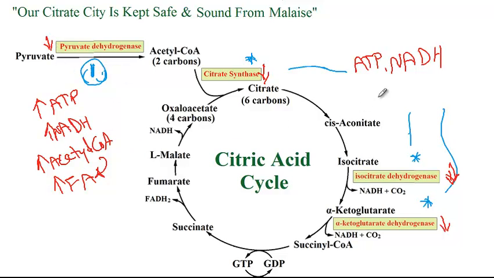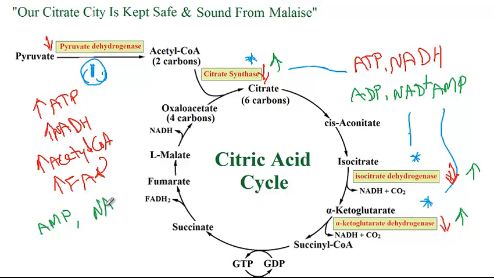On the other hand, if we have a high concentration of ADP, NAD+, or AMP, then it means that we don't have enough energy, so the rate of these reactions will increase in order for the citric acid cycle to produce more energy. Same for pyruvate dehydrogenase. If you have AMP or NAD+, or a high concentration of coenzyme A that needs to be converted into acetyl coenzyme A, then the rate of pyruvate dehydrogenase will increase.